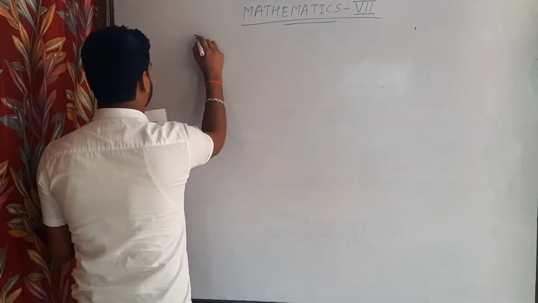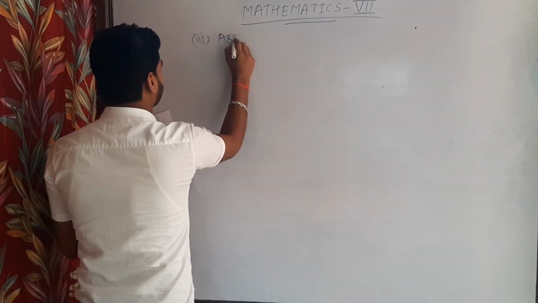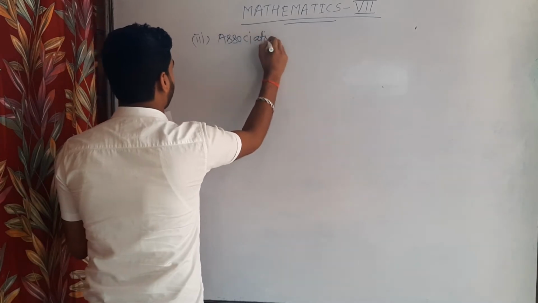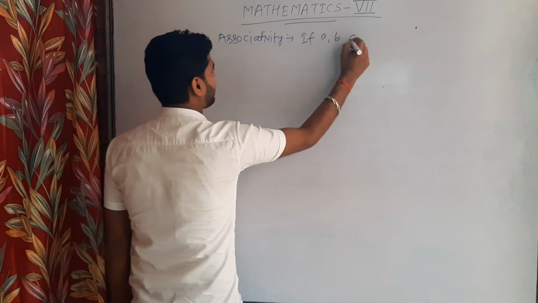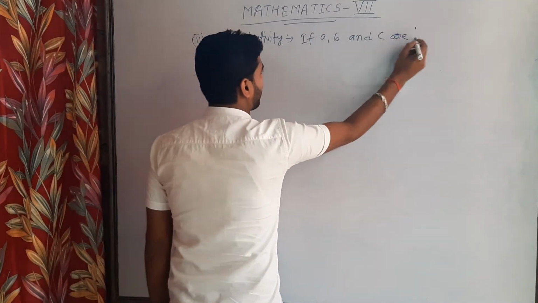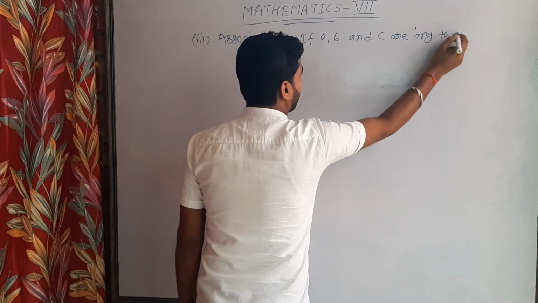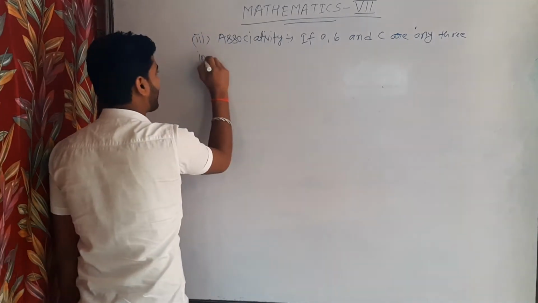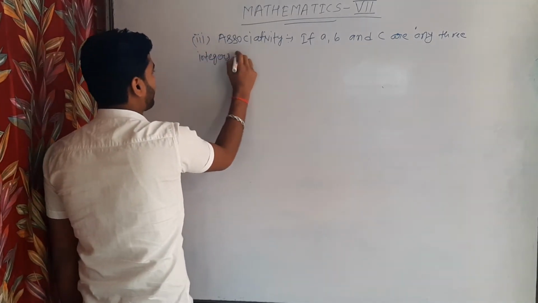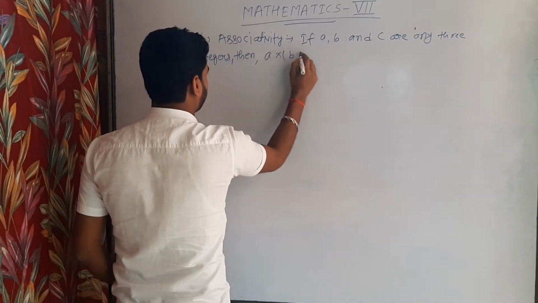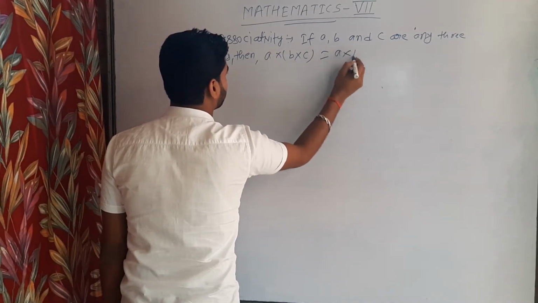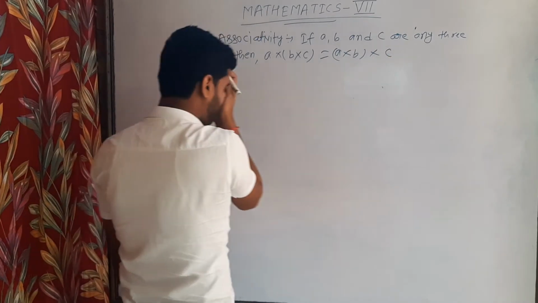Third, associativity. If A, B and C are any three integers, then (A multiply B) multiply C is equal to A multiply (B multiply C).